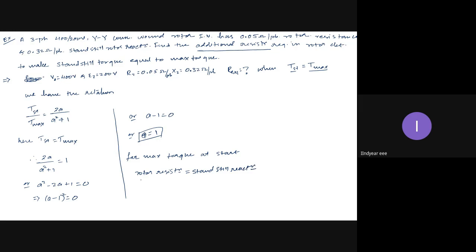Now, what is the rotor resistance? The rotor resistance to make the starting torque equal to maximum torque is the inherent rotor resistance of 0.05 ohms plus external resistance.